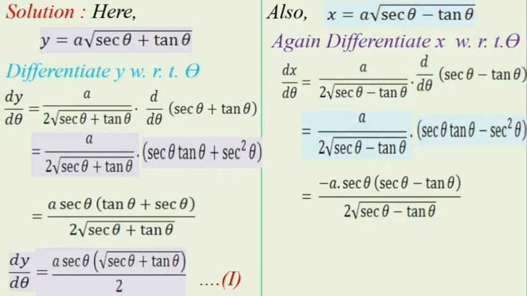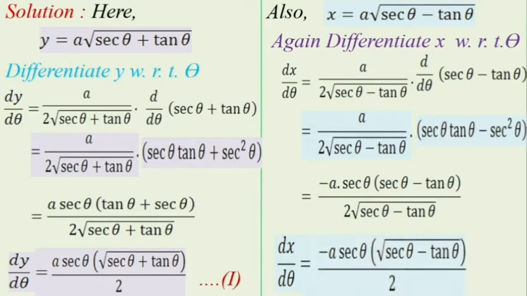Again root of sec theta minus tan theta in the numerator and denominator cancels, and only remaining is dx by d theta equal to minus a sec theta into bracket root of sec theta minus tan theta whole divided by 2, and that is equation number 2.